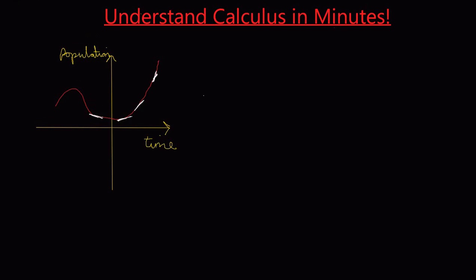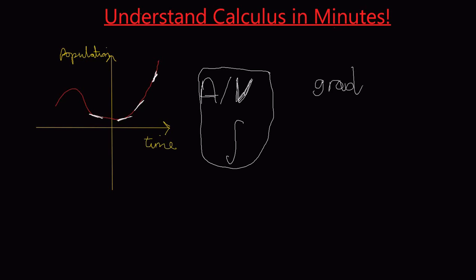So the area and volume problems are generally given by the sum of things, and the gradient, the slope, is given by the derivative, which can also be written like this.